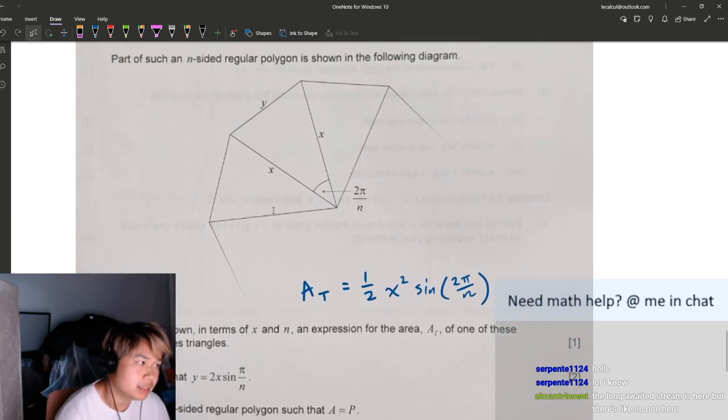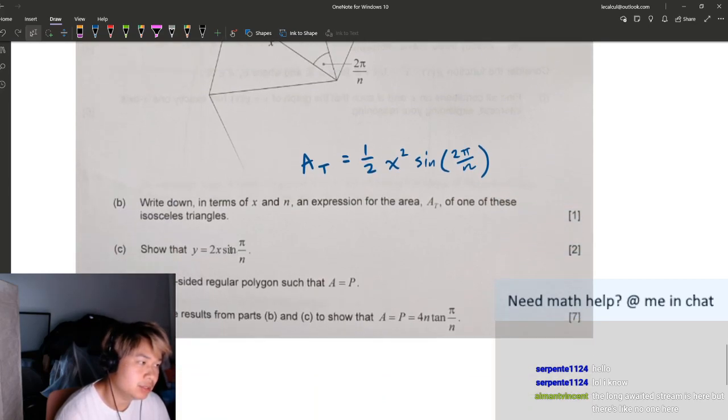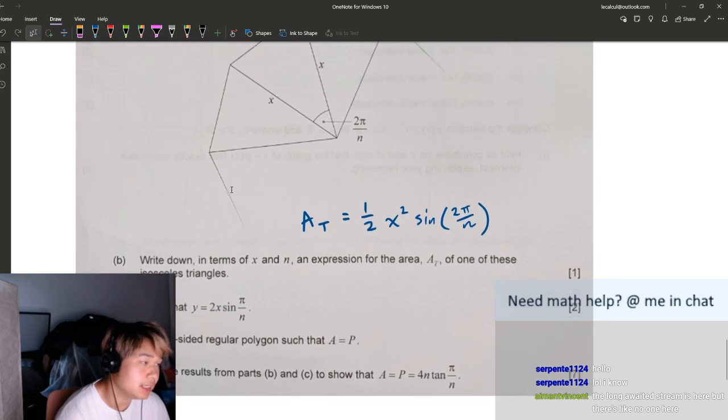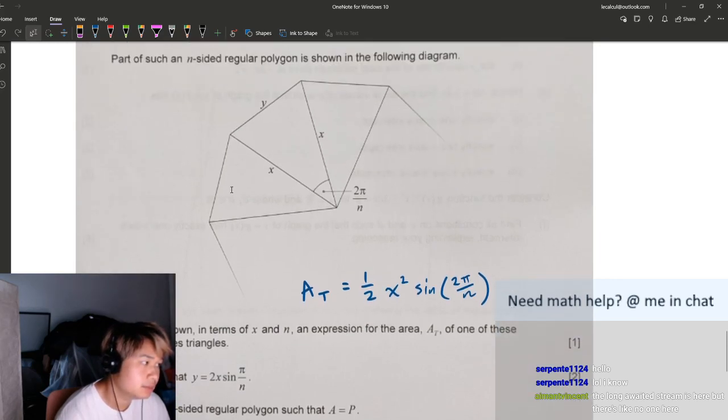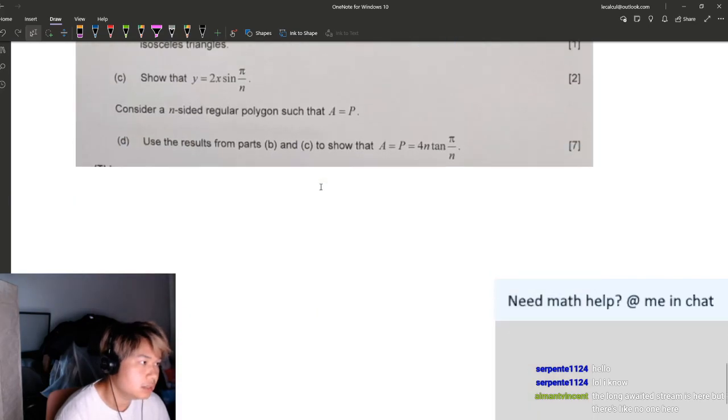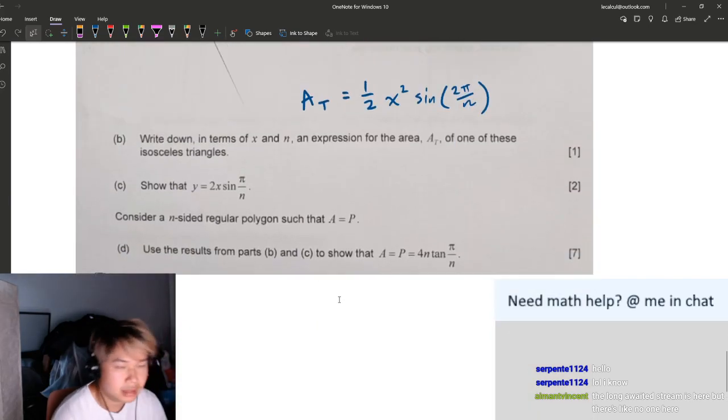That's my gut instinct. Use cosine law. But obviously cosine law won't have a sine. But maybe you just need to use an identity afterwards. Sure. That's what my gut says. There's probably an easier way, but let's just do that.